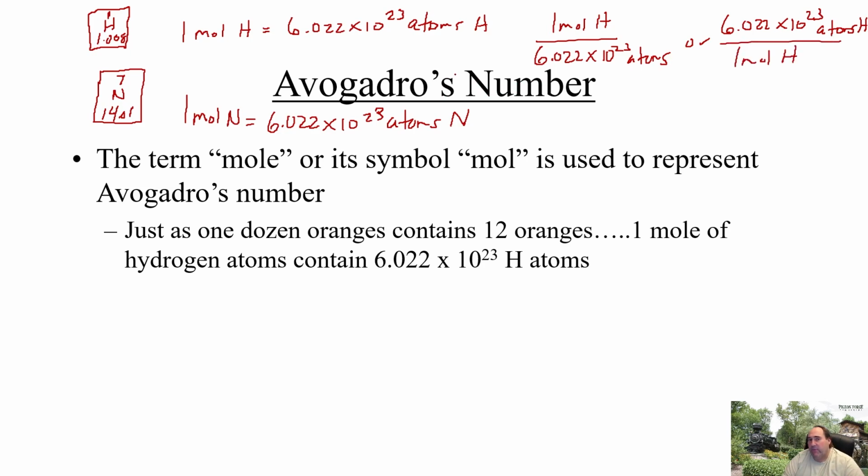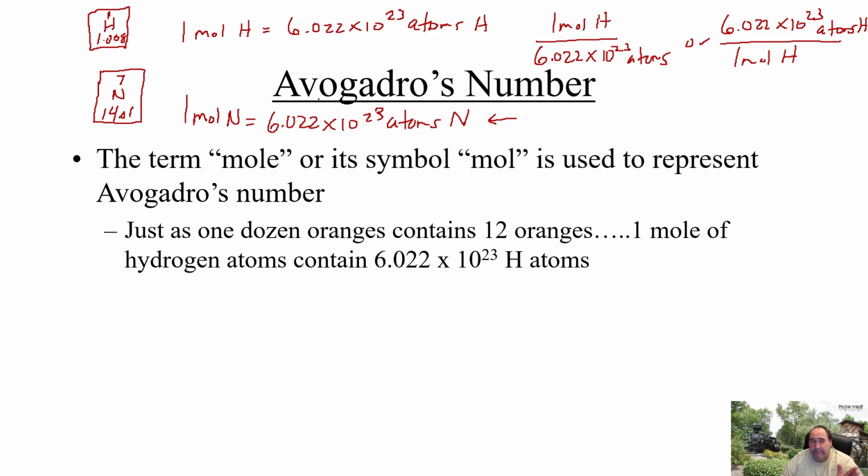So again, we could write two conversion factors like we talked about previously. Same thing for this guy. We could write 1 mole nitrogen over 6.022 times 10 to the 23 atoms of nitrogen, or we could flip it as well and put 6.022 times 10 to the 23 atoms of nitrogen over 1 mole.